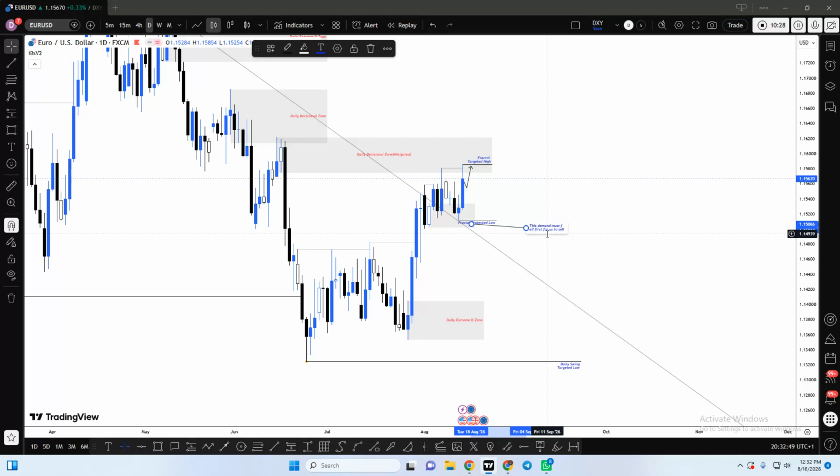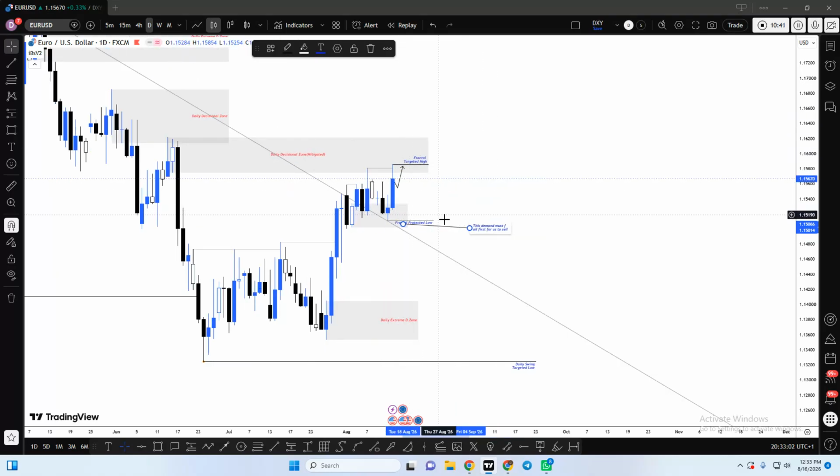And not just that, I want to see how price interacts or reacts with this trend line. Last week I mentioned those were the two things I would be looking for in order to even consider the sales.